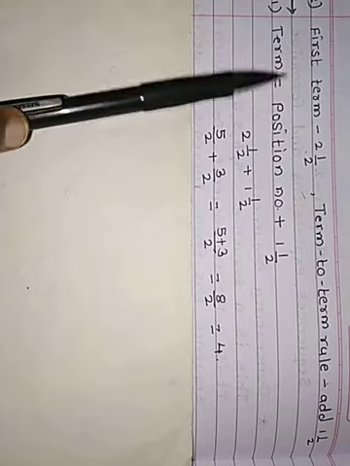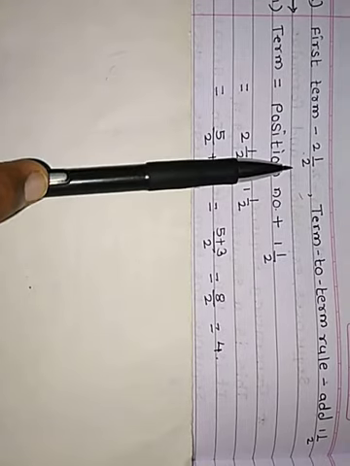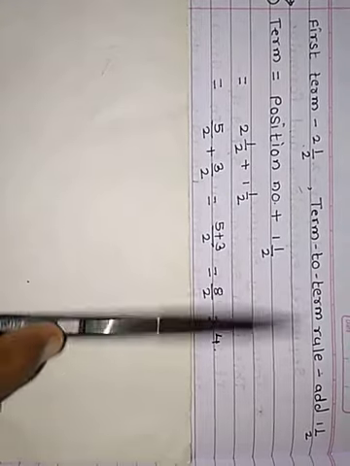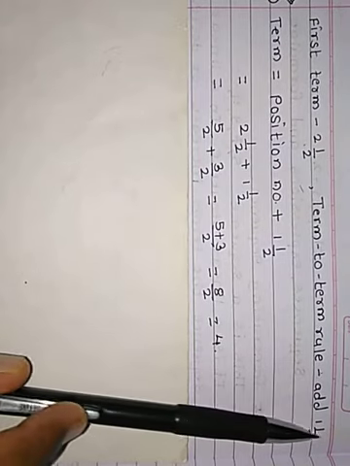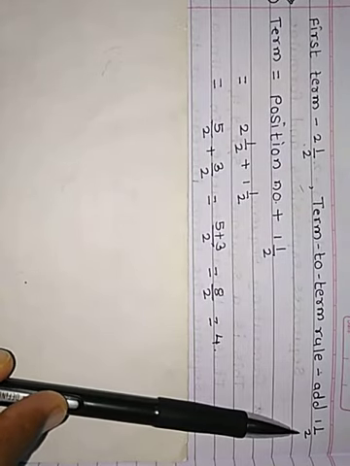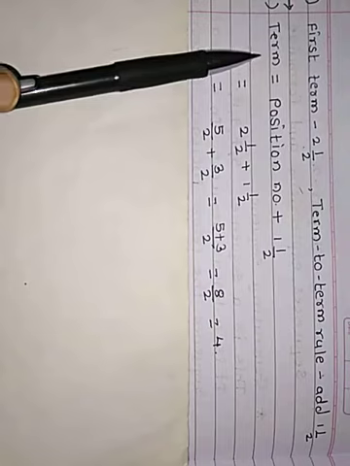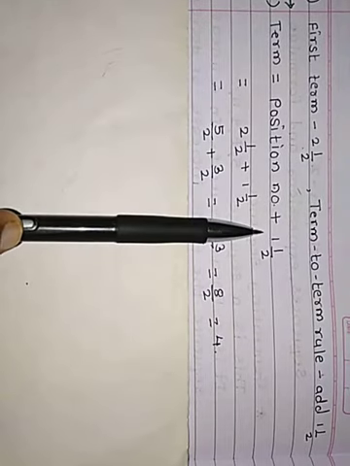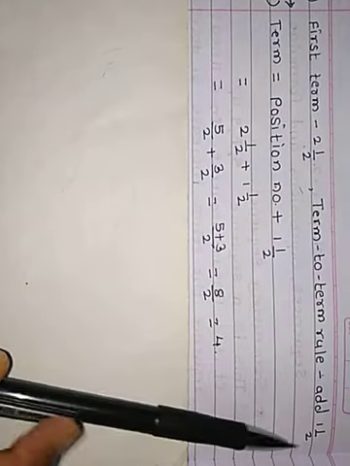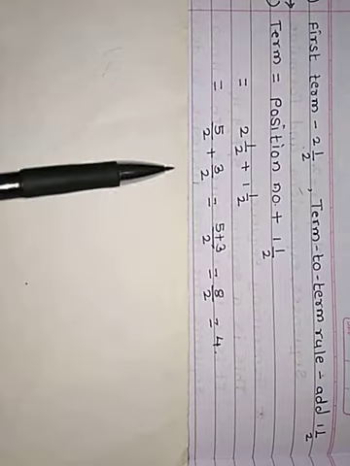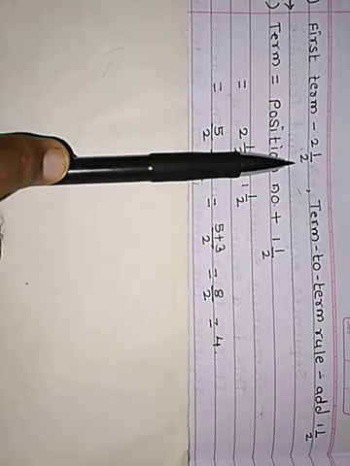Now see here, second example. The first term is 2.5 and the term to term rule is add 1.5. Okay. So the formula will be term is equal to previous term plus the term to term rule, that is 1.5. Okay. The first value is how much? 2.5.